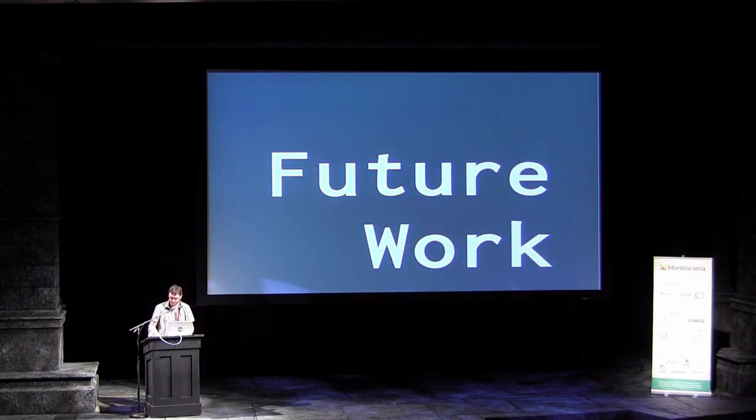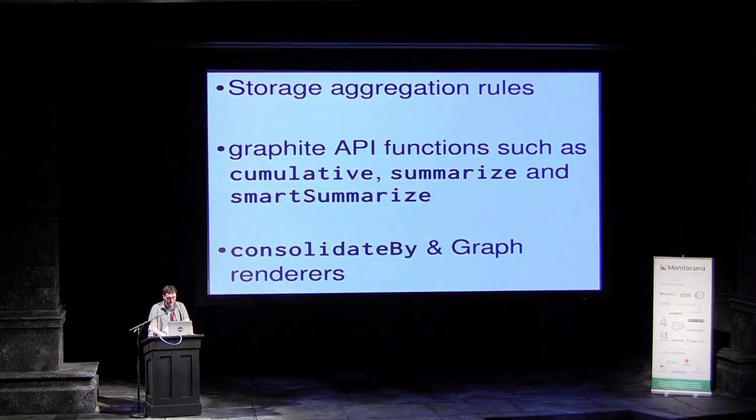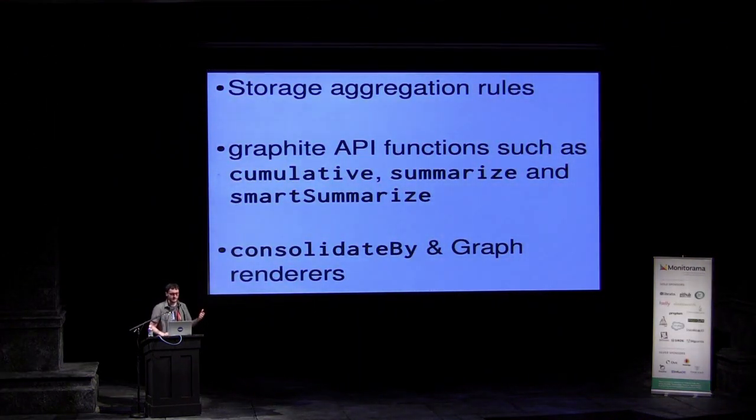I also have a few ideas for future work. And think about this. Storage aggregation rules, like what Graphite has, and those Graphite API functions, and graph renderers, what do they have in common? Well, the thing that all of those do is they take a sequence of data points, a sequential bunch of data points, and then merge them into one data point.